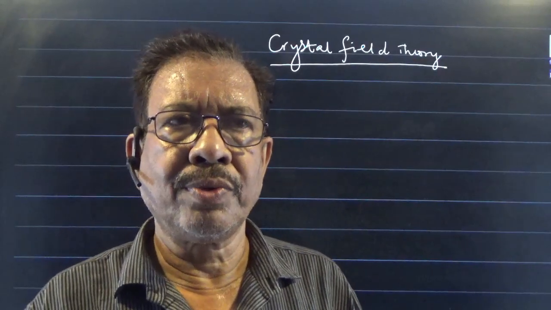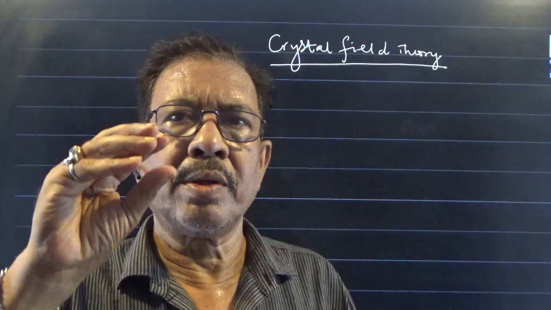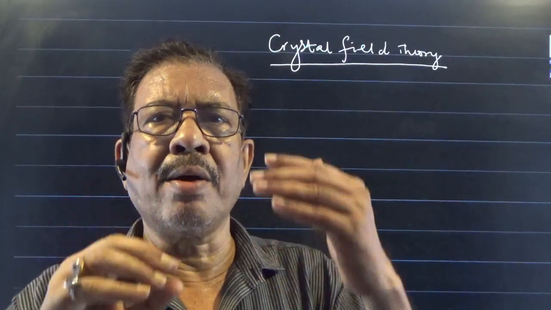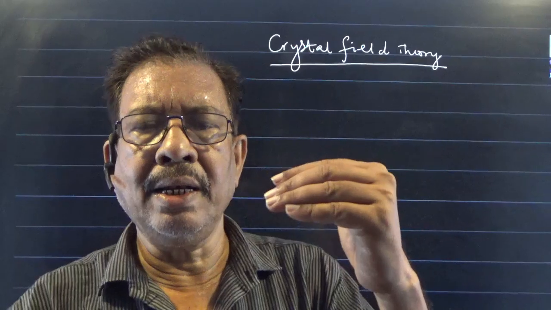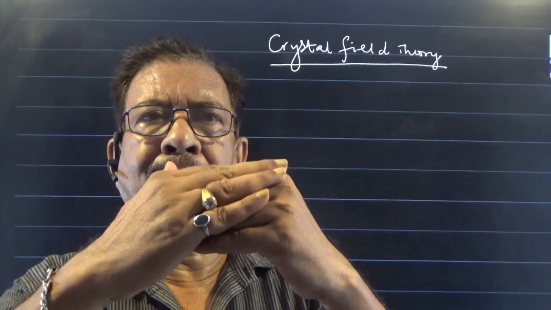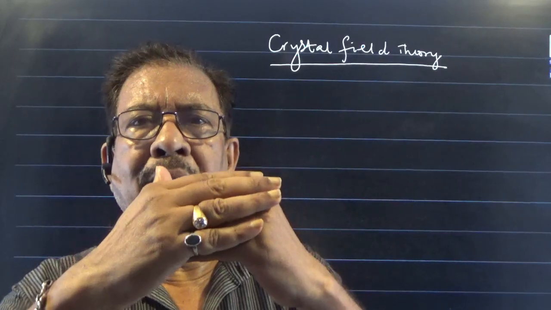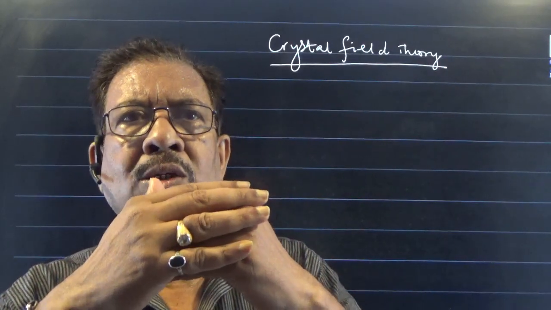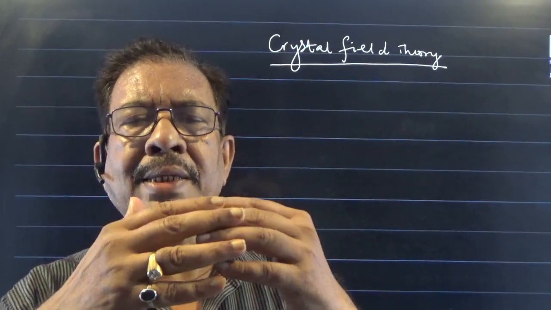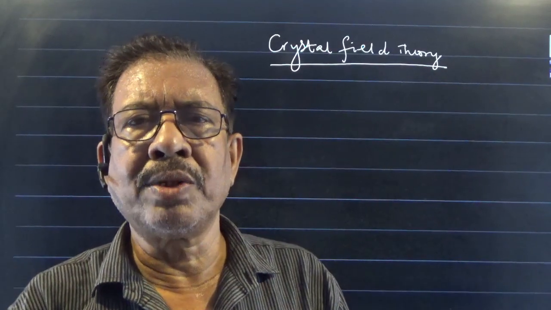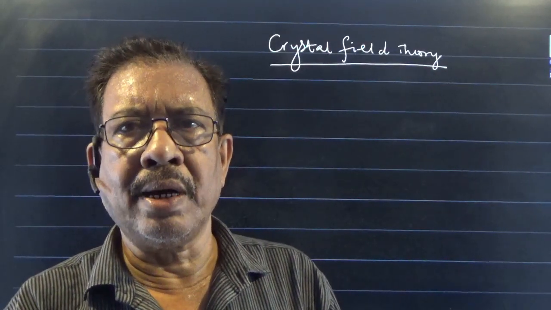The filled orbital of the ligand and the vacant orbital of the metal overlap together. The ligand will supply a pair of electrons to the metal atom. So this is shown by valence bond theory, and that forms a covalent bond with the metal.